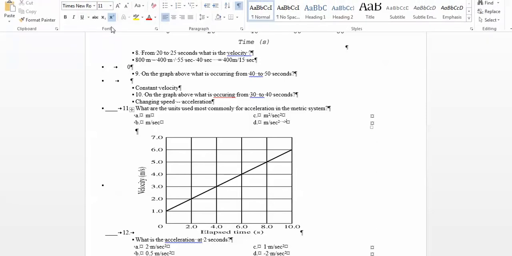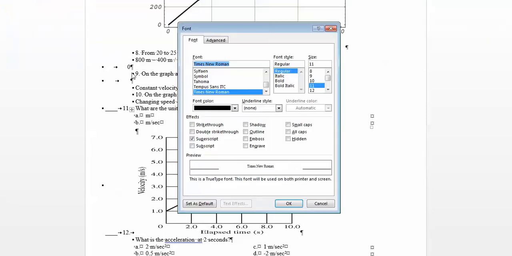The units most commonly used for acceleration, you'll hear me call this either meters per second squared, or another one that I tend to use is meters per second per second, which is really the same thing.